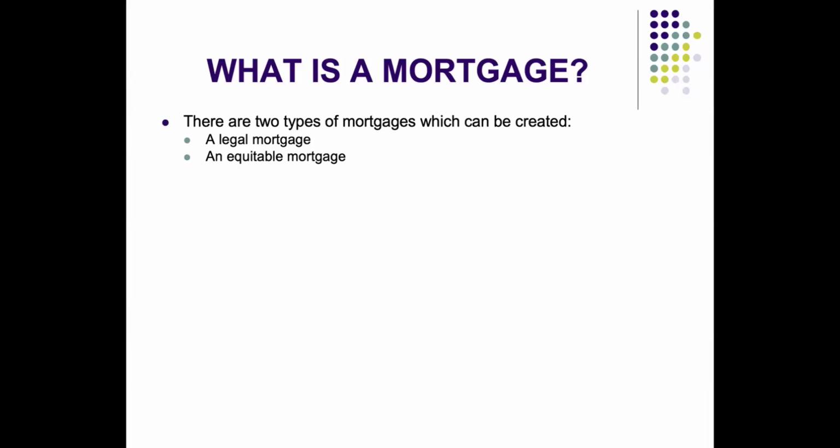Okay, if I may. So a legal mortgage basically takes place when all of the legal formalities for a mortgage to be registered have been observed, and the title would also reflect the fact that the mortgage was registered.